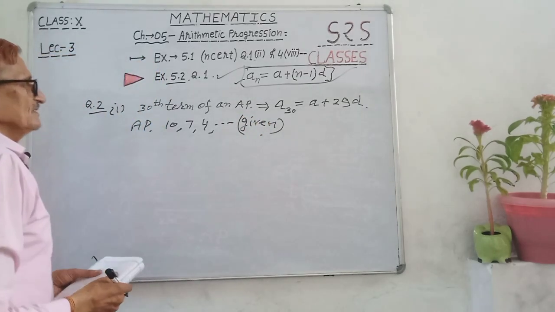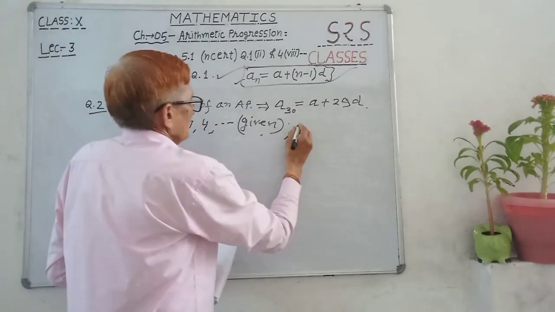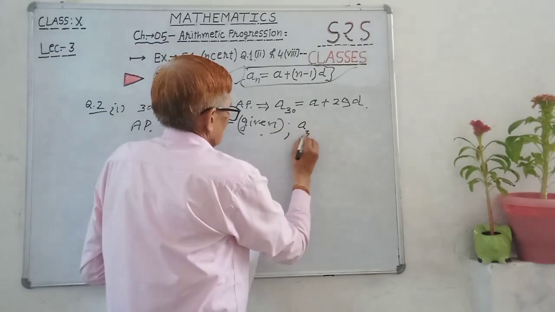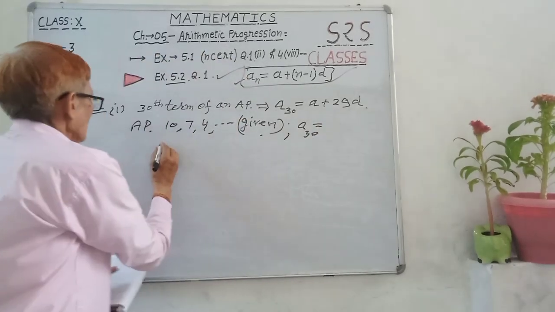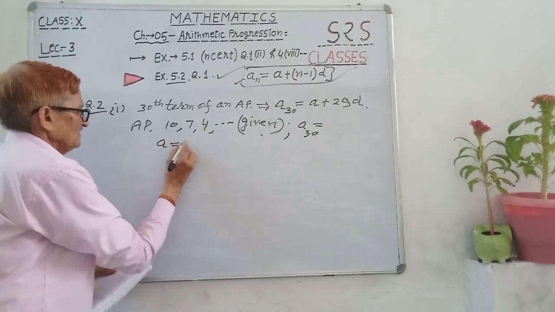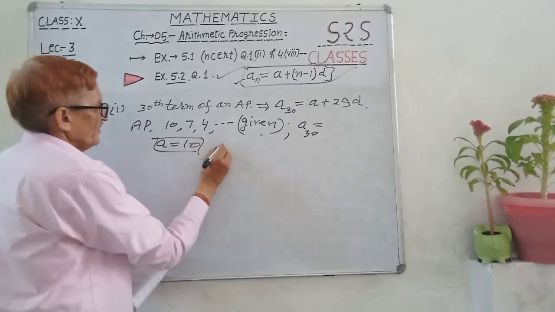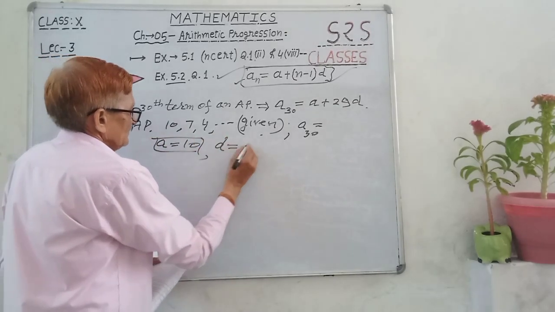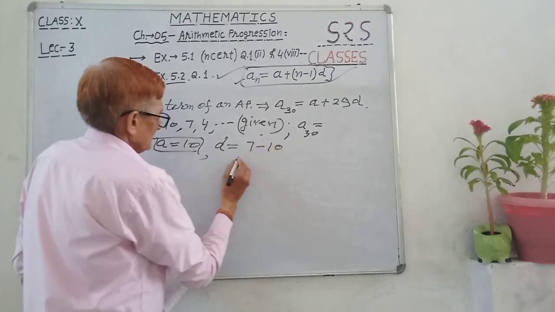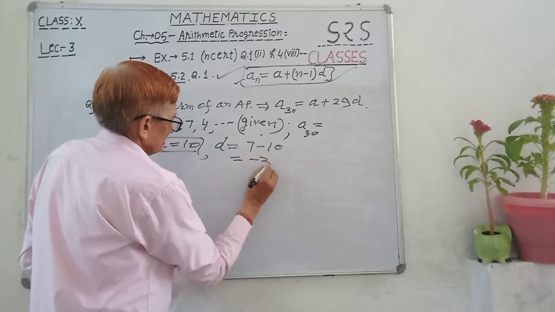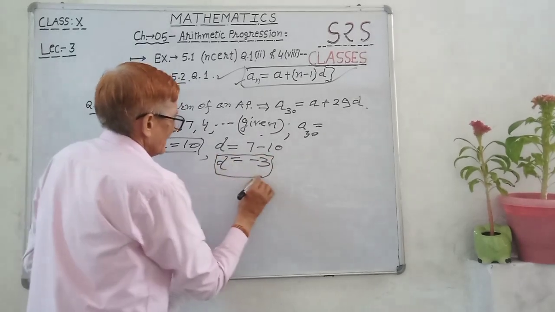Then A30, the 30th term, N is 30, A is 10, the first term. Common difference D is the second term minus the first term, so this is equal to minus 3.